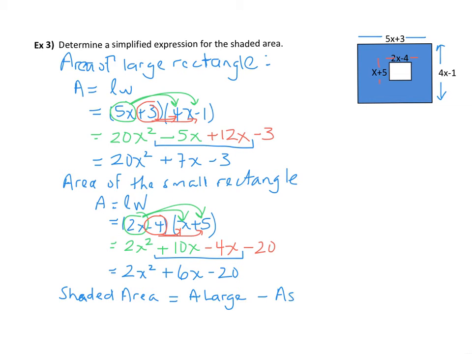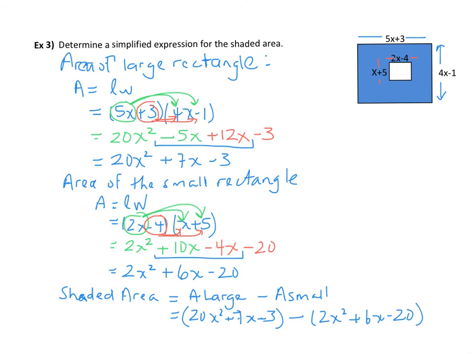We're going to take that area of the large, which is the 20x squared plus 7x minus 3, and we're going to take away the area of the small, the 2x squared plus 6x minus 20.